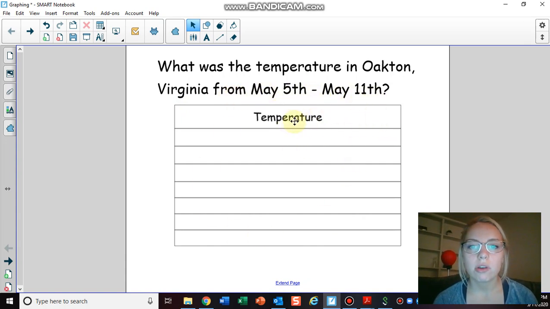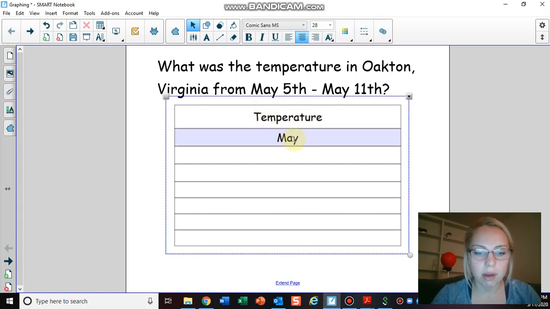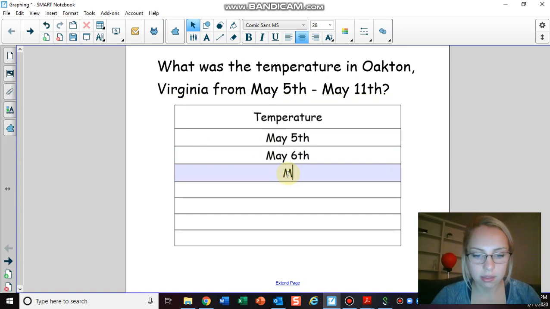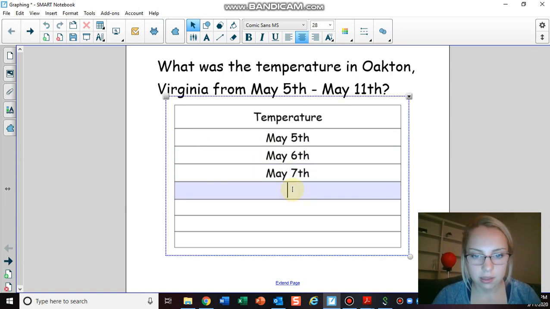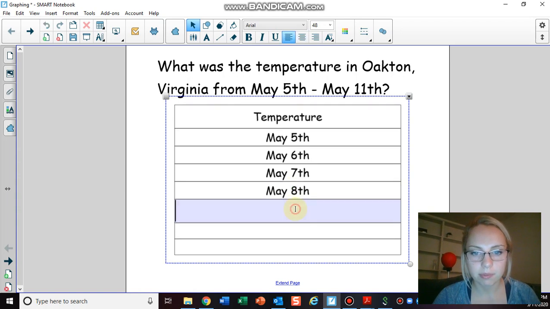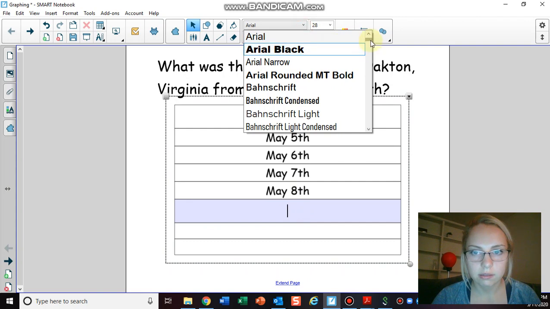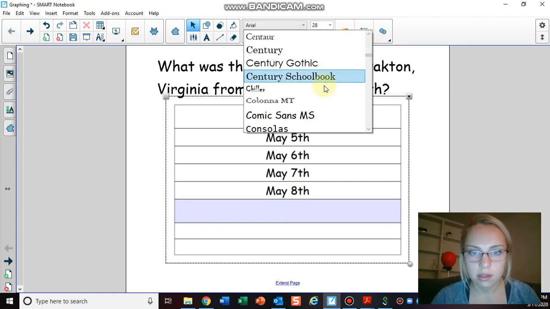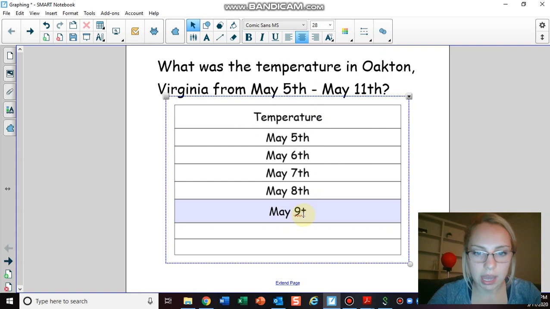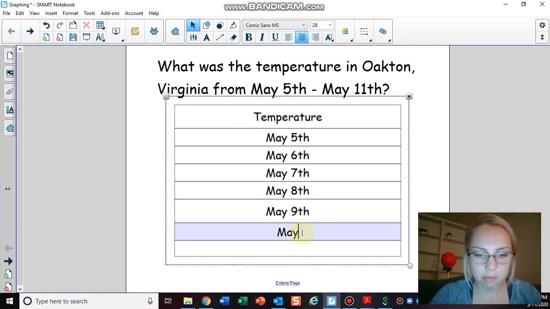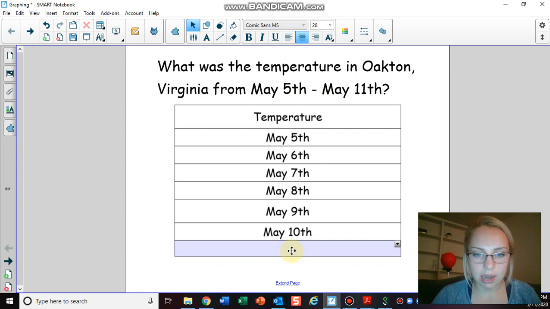Now we have our table. Here it says temperature, and then we're going to put our temperatures for May 5th, May 6th, May 7th, May 8th, May 9th, May 10th, and finally May 11th.